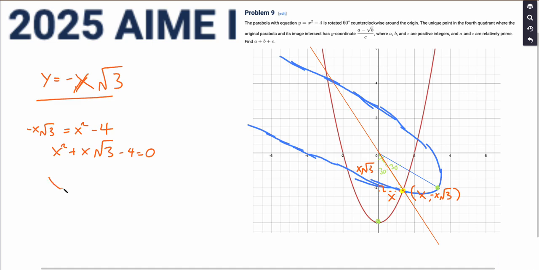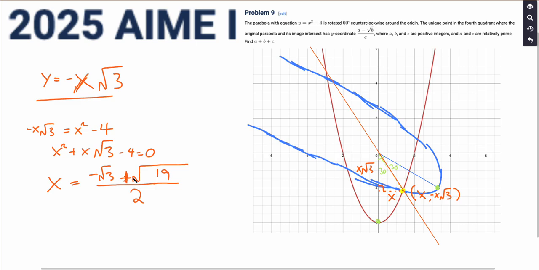And then here we can solve it like a quadratic equation. So negative b plus or minus the square root of b squared, which is 3, minus 4ac, which adds up to a total of 19, and we have to do this over 2. Obviously, since it's in the fourth quadrant, x must be positive, so we have to ignore the negative solution.